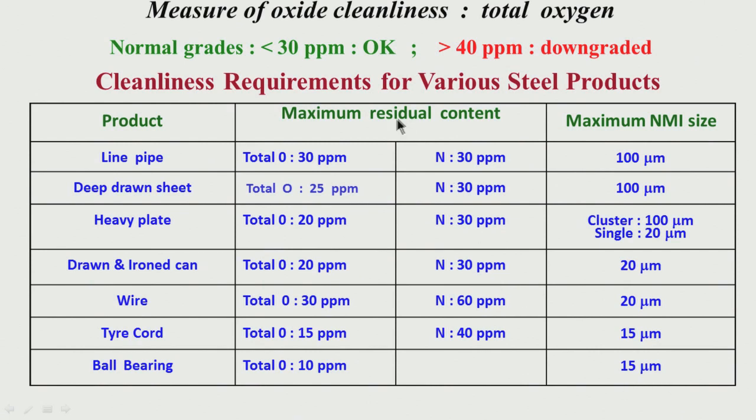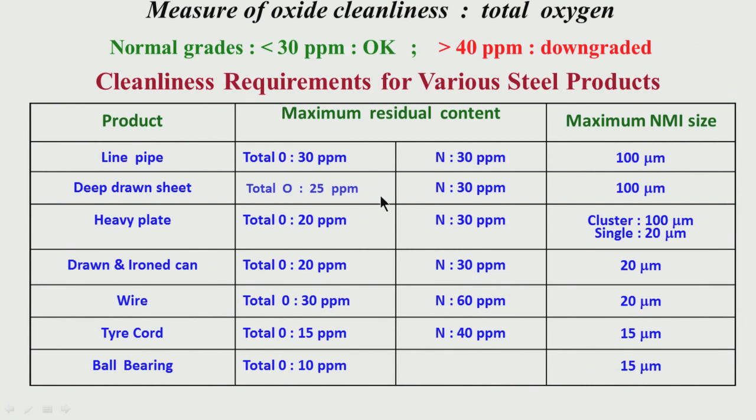So these instances will throw light on how, for different applications, different residual contents are restricted and the size of the inclusions is restricted. So quality is getting quantified here, it is no longer qualitative.